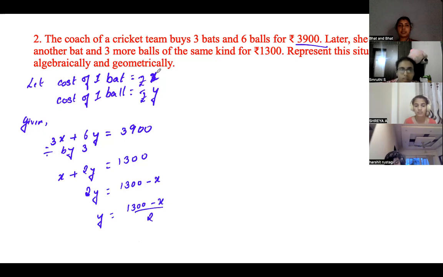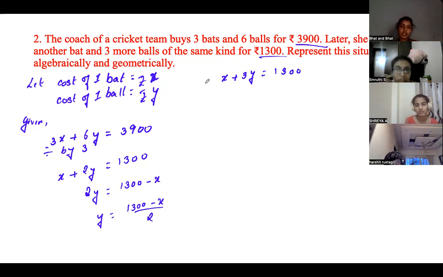Next, there's one more condition here. Later, she buys another bat and 3 balls. So how many has she purchased? She purchased 1 bat plus 3 balls, so x plus 3y will be equal to how many rupees she paid? She paid 1,300.